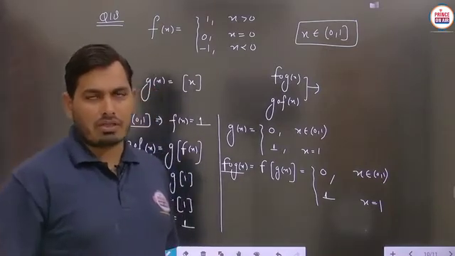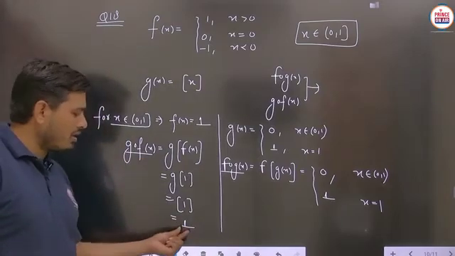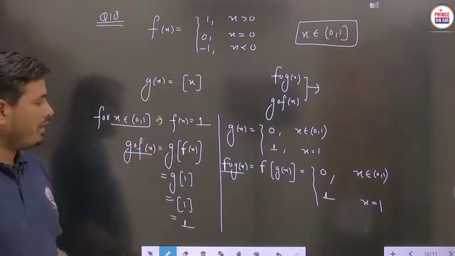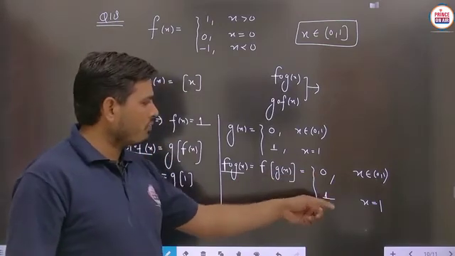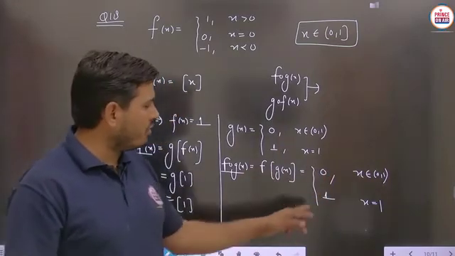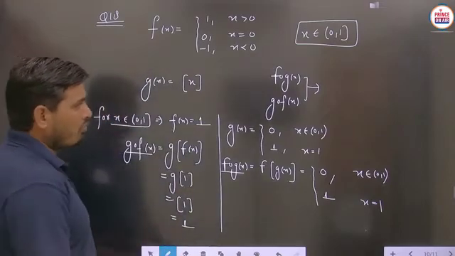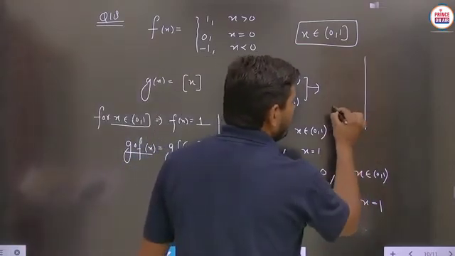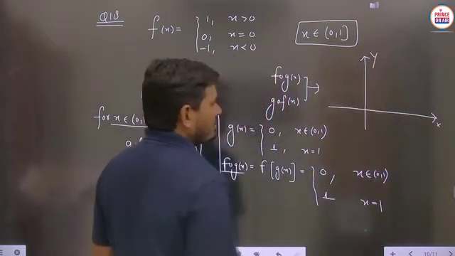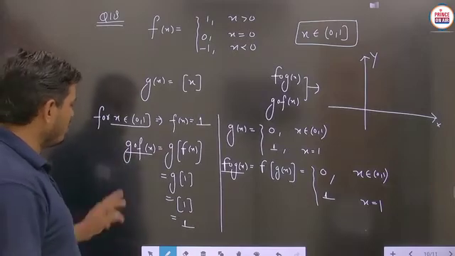Now student, you can imagine that this function will contain only a single element in the given interval 0 to 1, that should be 1, and in this function there are two values. For the open interval 0 to 1, the answer of f of g(x) will be 0, and for x equals 1 it should be 1. If we have to draw the graph of both functions, take the x axis and y axis. First we draw the graph of g o f (x).